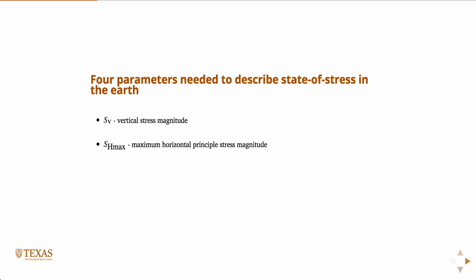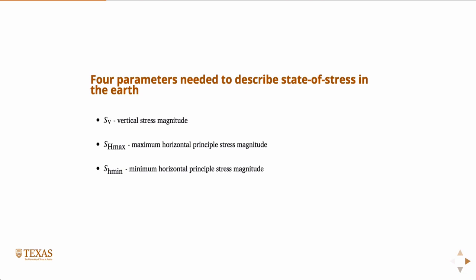My notes try to use the same notation as the book where it makes sense. So he uses capital H for SH max, the maximum horizontal principal stress. The other one is S little h, min, the minimum horizontal principal stress magnitude.